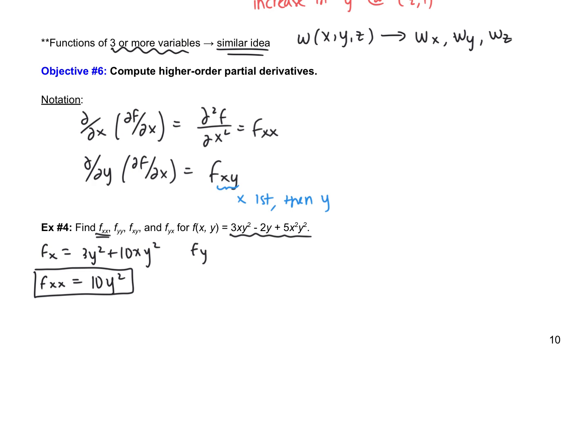If I want f of yy, I'm going to need the derivative with respect to y first. So that would give me 6xy, subtract 2, add 10x squared y. And now I'm going to take the derivative with respect to y again. So I get 6x, add 10x squared.